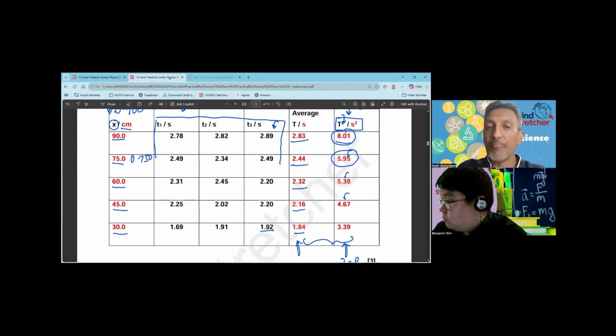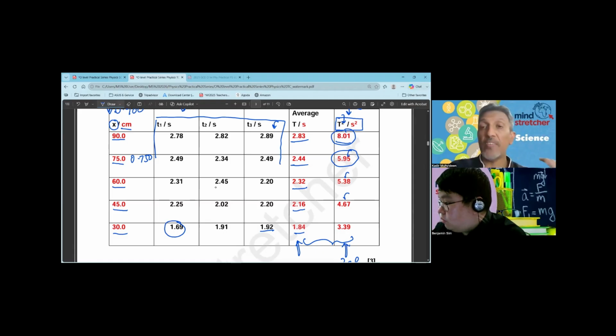You can see that the chances of being inaccurate or making some error are high, because you're talking about recording something for almost 2 seconds, or 2 to 3 seconds. So it's a very short time.